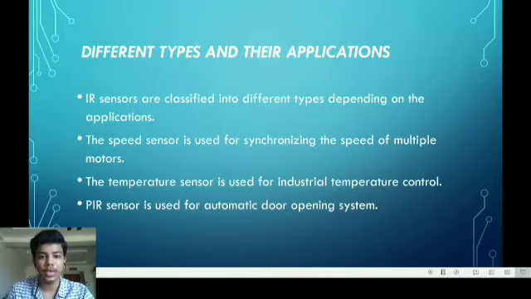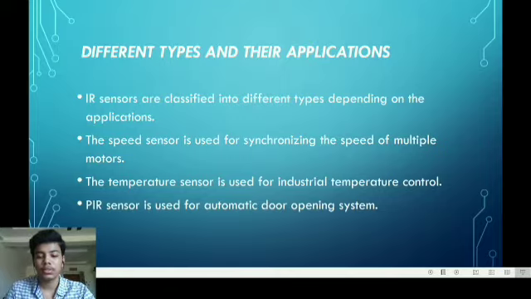Coming to the different types and their applications. IR sensors are classified into different types depending on their applications. The speed sensor is used for synchronizing the speed of multiple motors. The temperature sensor is used for industrial temperature control. The PIR sensor is used for automatic door opening.